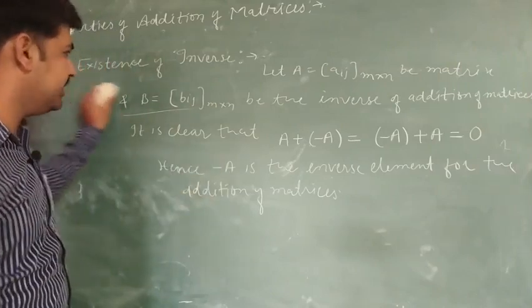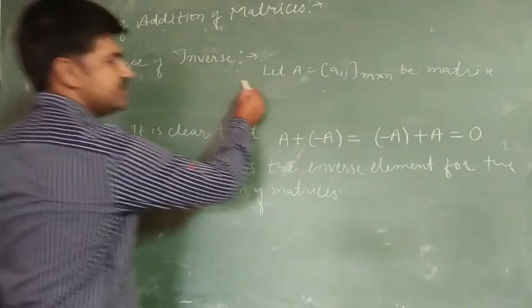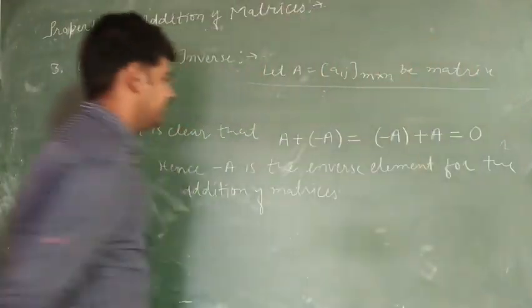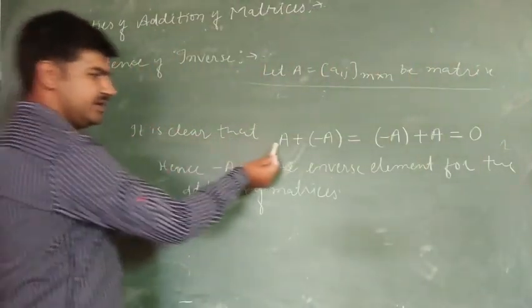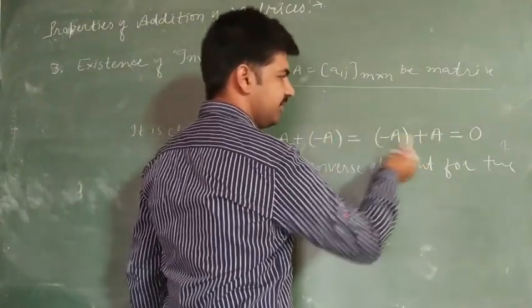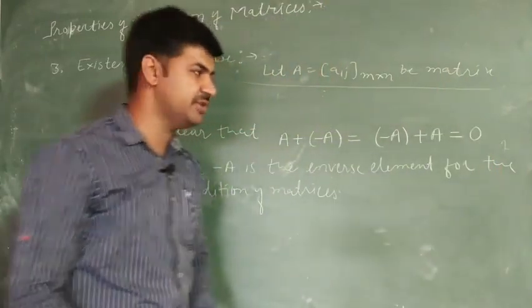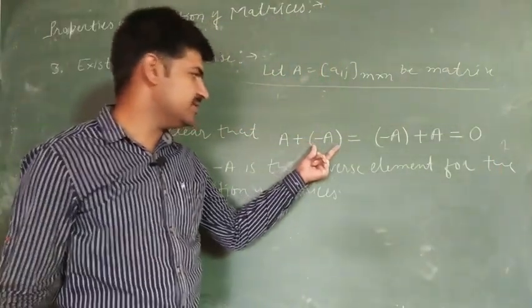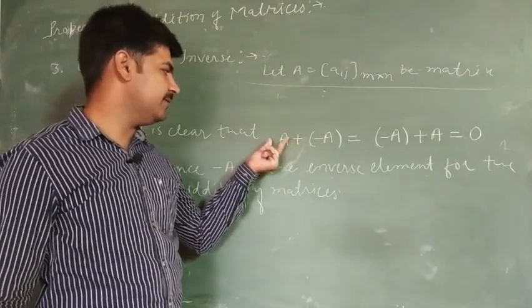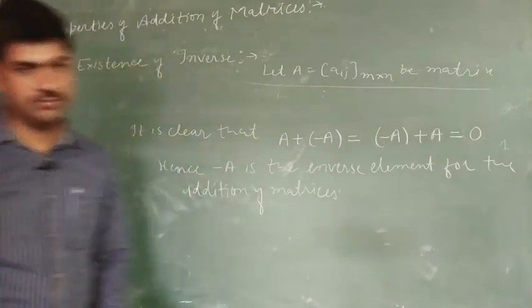Minus A. And if I am not supposing this, then A is a matrix of order m by n, then it is clear that A plus negative of A or negative of A plus A is equal to a null matrix or the identity element of addition of matrices. Therefore, this is the inverse element of addition of matrices. So I hope you have understood.